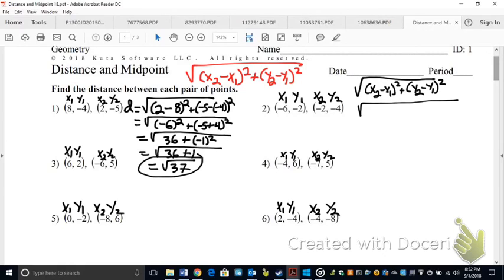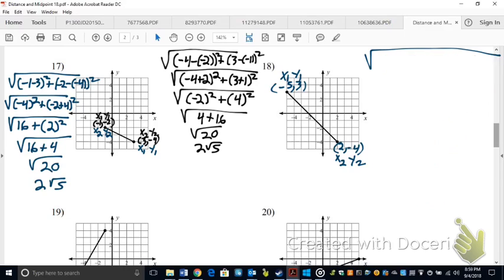So here, x2, we're going to just drop it down. Negative 2 minus x1, negative 6, squared, plus y2, negative 4, minus y1, negative 2, squared. Math it out. Negative 2 plus 6 squared plus, whoa, that was the wrong button.